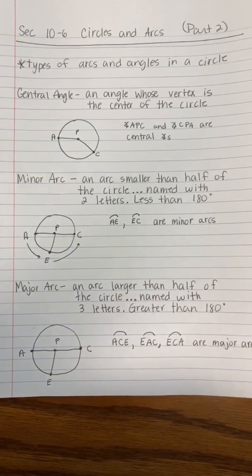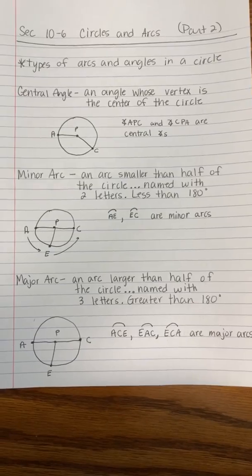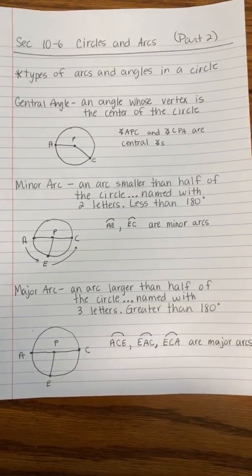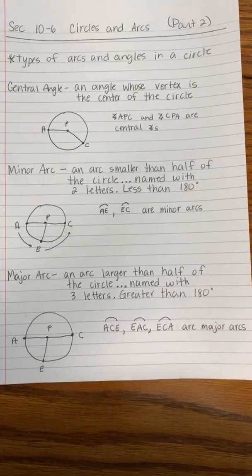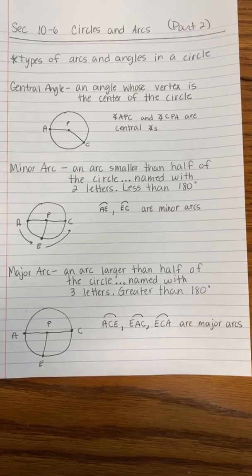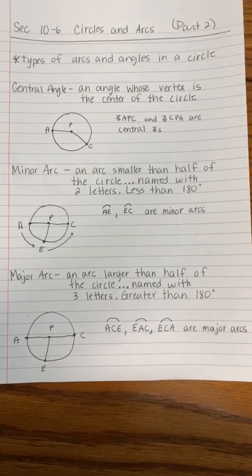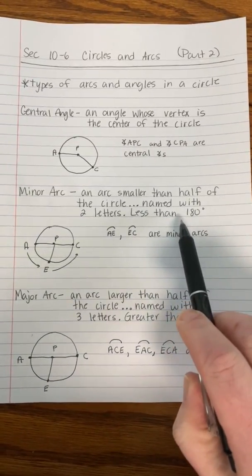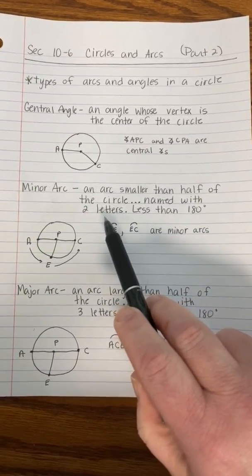All right, a minor arc. A minor arc is an arc, so just part of the circular portion, that is less than half of the circle. And a whole circle is 360, so half of a circle will be 180. So a minor arc would be less than 180 degrees. And we name a minor arc with two letters.